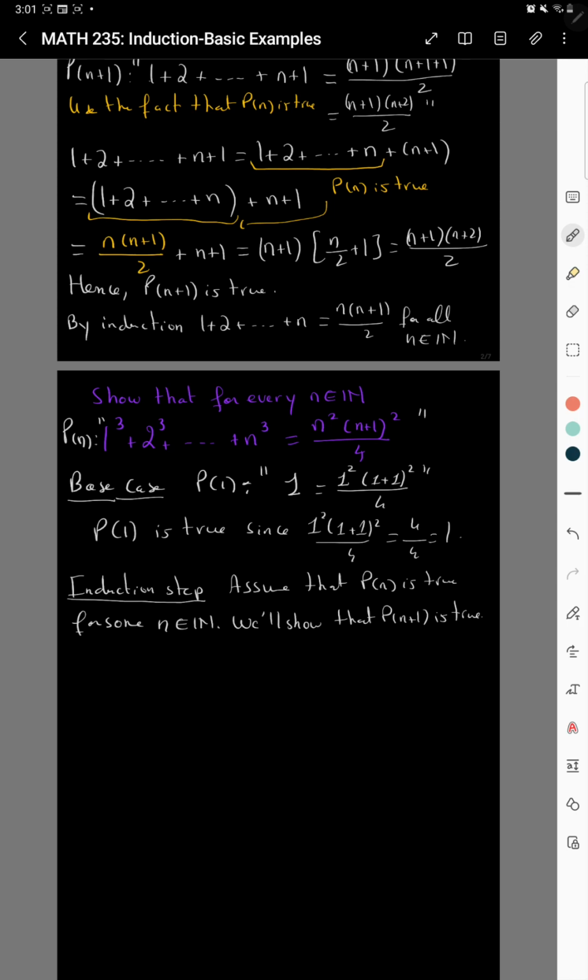Well, what is P(n+1)? Let us write this down. Remember, I take P(n), and wherever I have an n, I replace it by n plus 1.